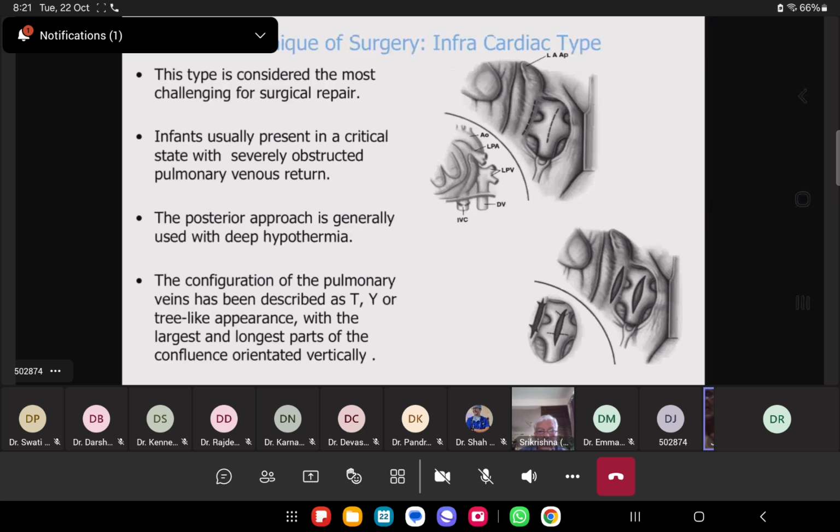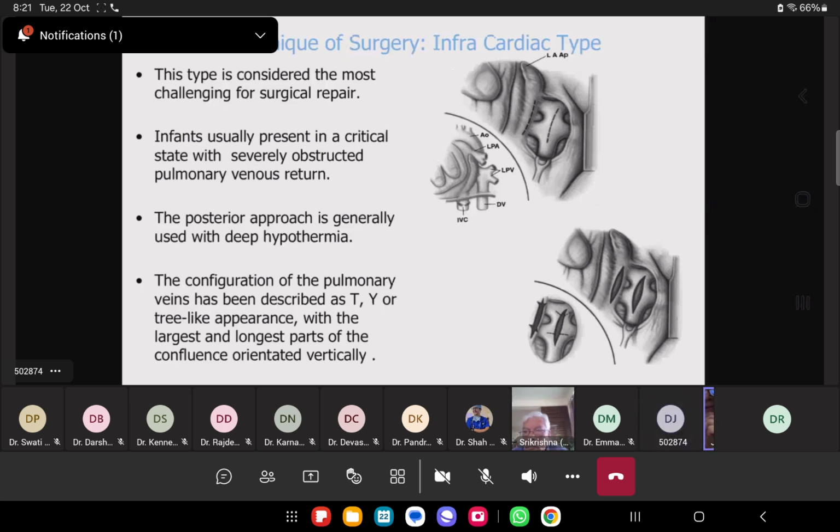Streaming of the blood means that in the fetus, the IVC blood comes up and goes through the foramen into the left atrium, and the blood from the superior vena cava goes through the tricuspid into the right ventricle.